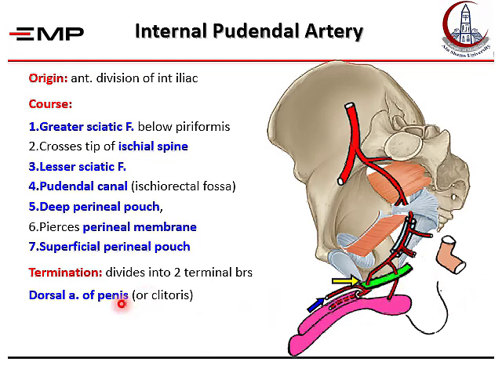So the dorsal artery of the penis runs above the corpus cavernosum, while the deep artery of the penis pierces the corpus cavernosum and runs within it.